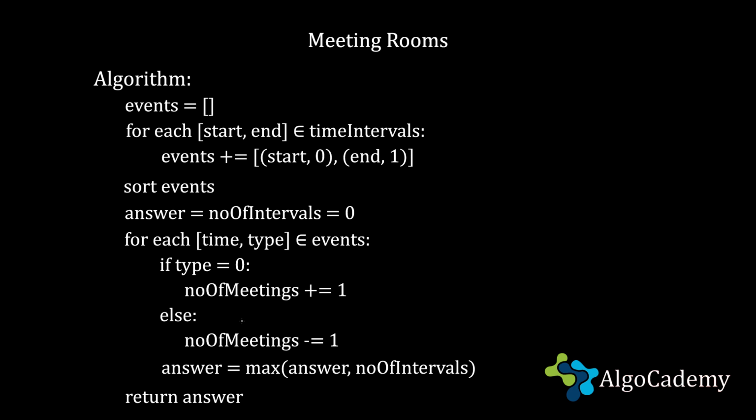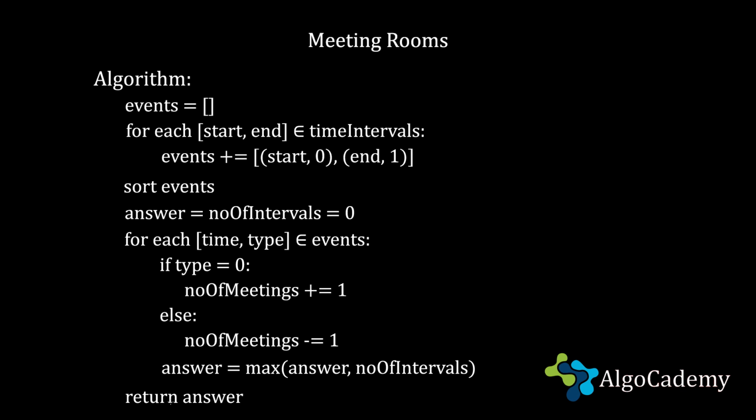And after each event from the array of events, we are going to update our answer, right? Because now we know at that moment of time how many meetings are happening at the same time, so we can update the answer with the value of number of intervals if this value is of course greater than our current answer. After doing all of that, we just return the answer and that's it.